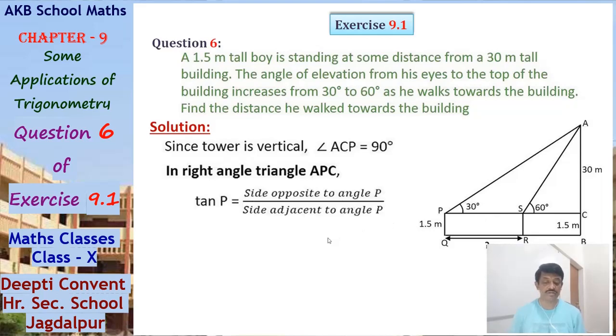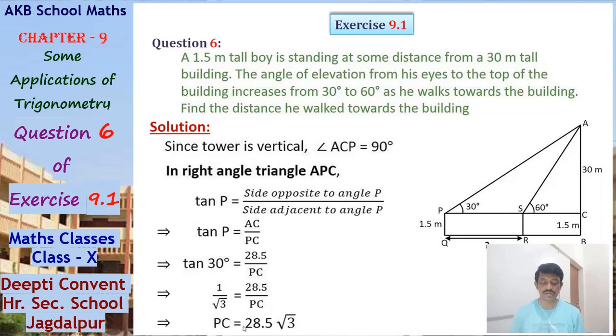So tan P equals side opposite to angle P over side adjacent to angle P. So tan P equals AC by PC. Now AC equals 28.5, and tan 30 equals 1 by root 3. So 1 by root 3 equals 28.5 by PC. That is PC equals 28.5 root 3. Clear? This is the value of PC.